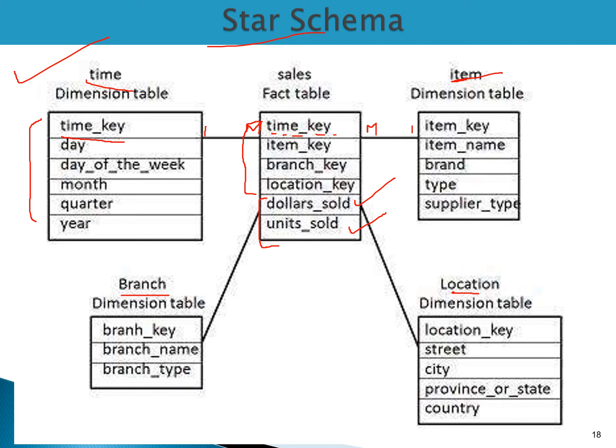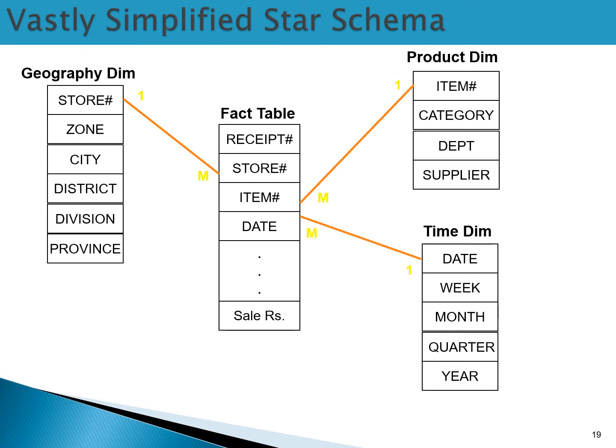So if there is any change in the business, you just have to add, for example, one dimension table or any attribute inside an existing dimension table. So it is simplified. This is another representation of star schema. It looks like a star. These are the facts. Facts are the numeric attributes that are non-key.